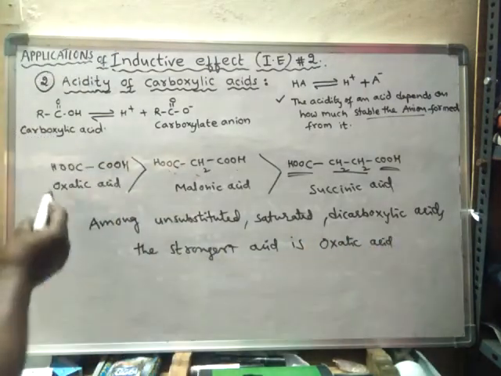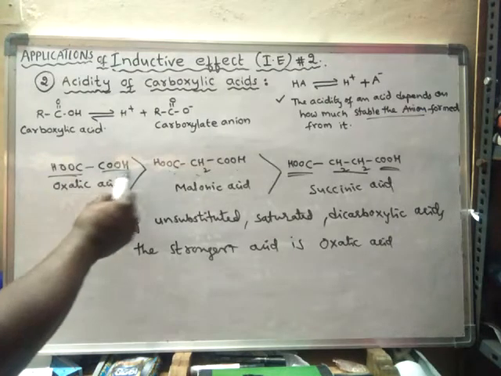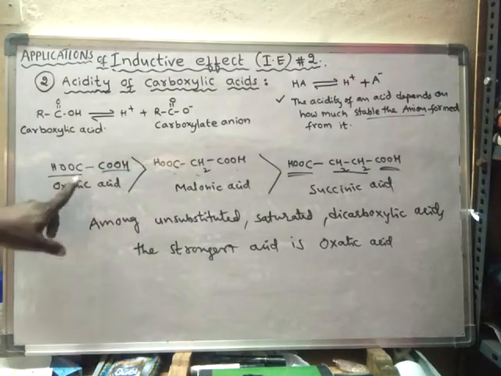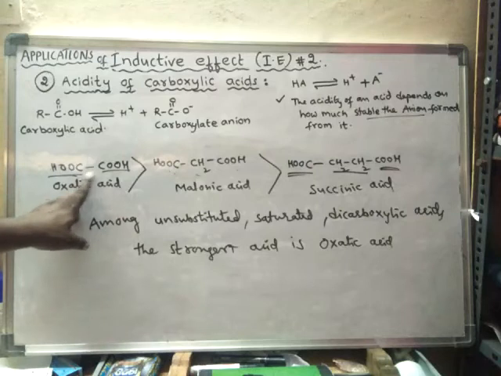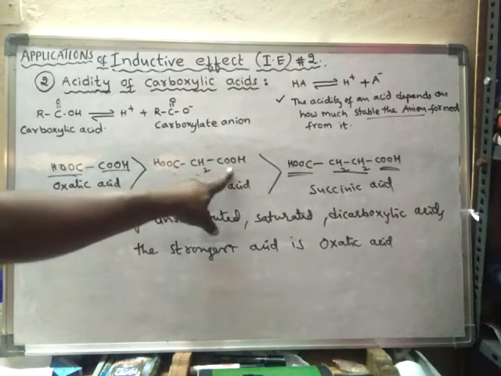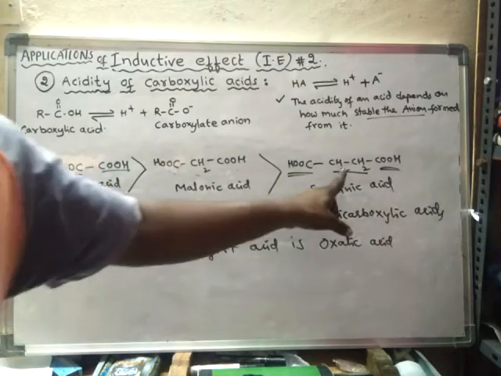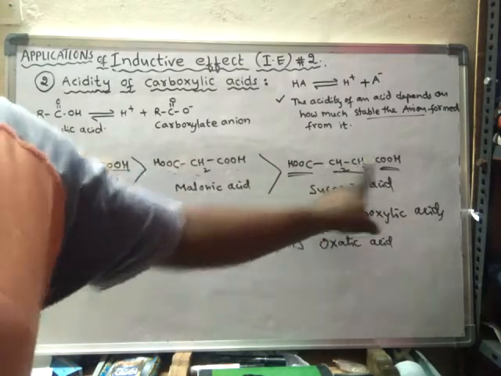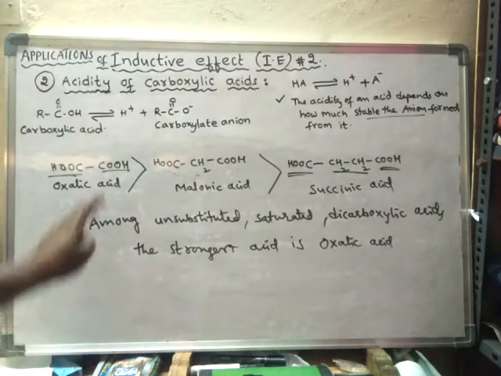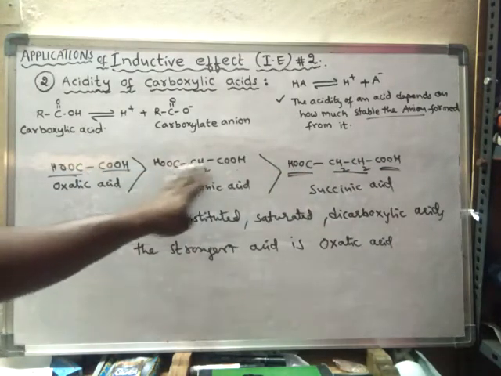See what is happening here: with increasing distance between the two COOH groups, the acidic nature decreases. Here the distance is less, but in succinic acid there are two CH2 groups between the two COOH groups.